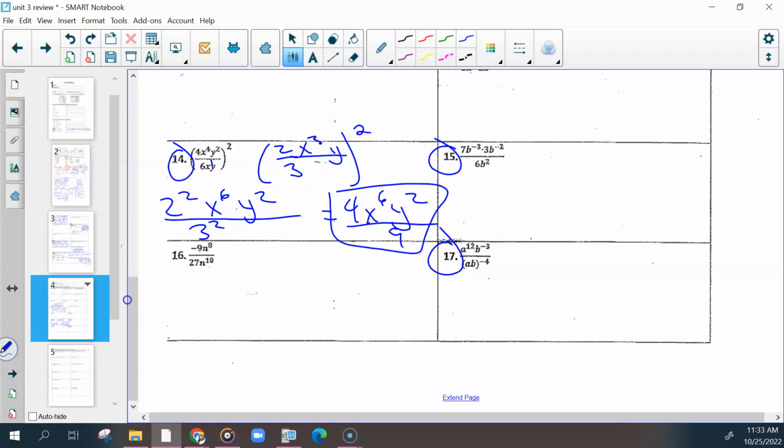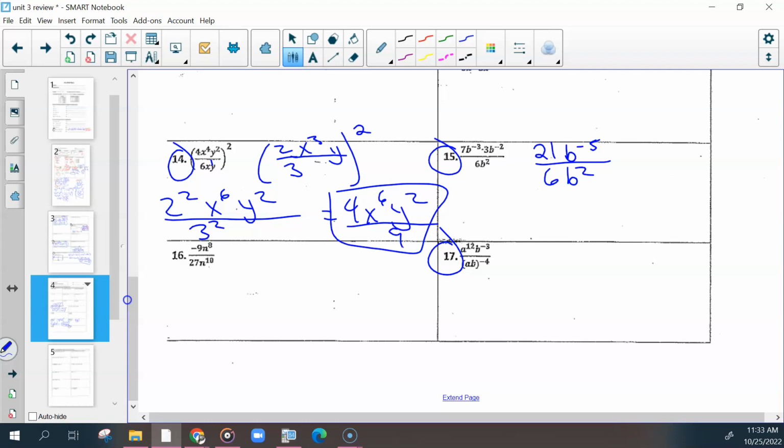We have things in our numerator. Do that first before you worry about the denominator. So multiply 7 and 3. Add, or in this case, subtract your exponents. Simplify 21 over 6.